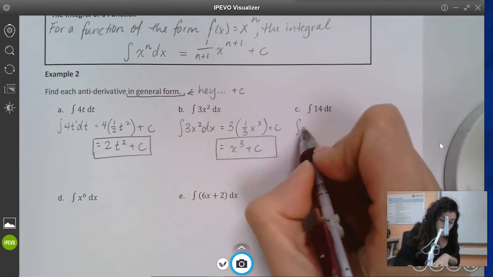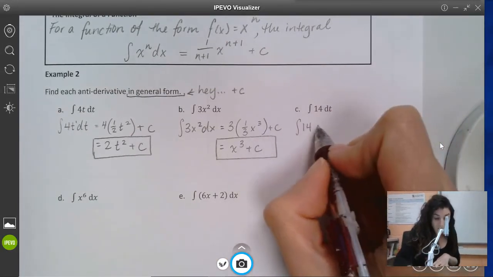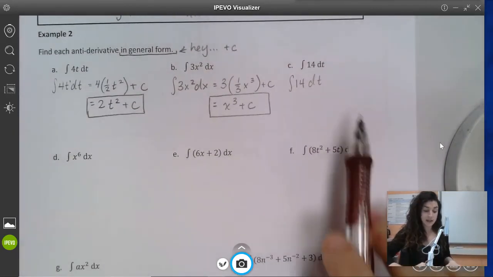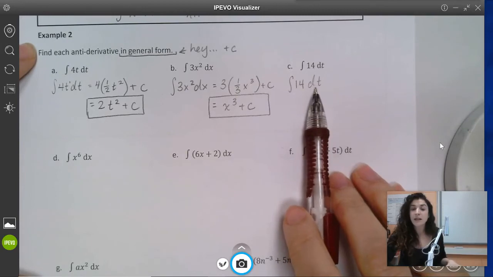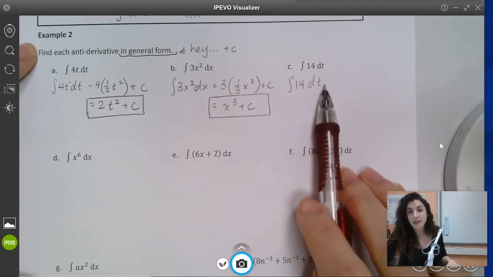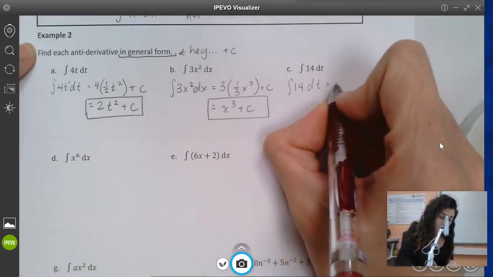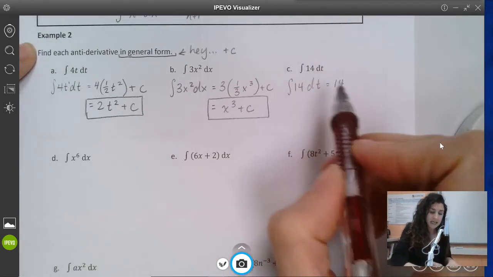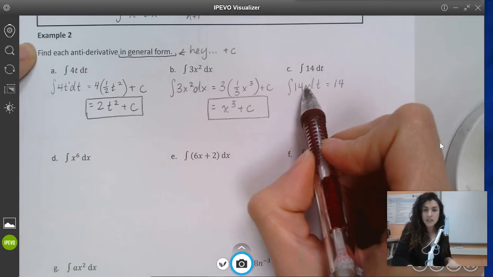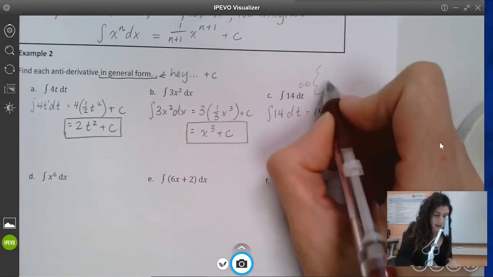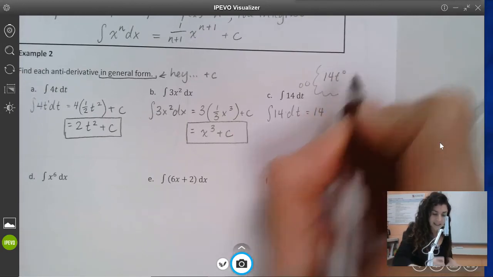The integral of 14 with respect to t. This is a nice way for you to see the importance of having this part at the end telling you, hey, the variable is t here. So just keep that in mind. It is going to be 14. And if there was no t here, sometimes when I struggle with these, I think about it as 14t to the 0.